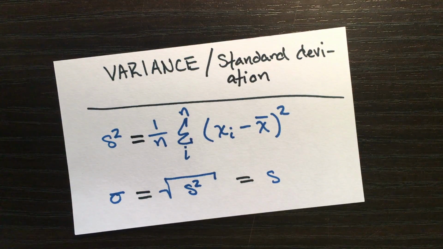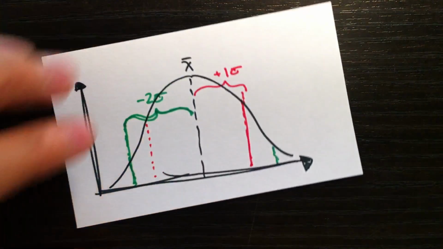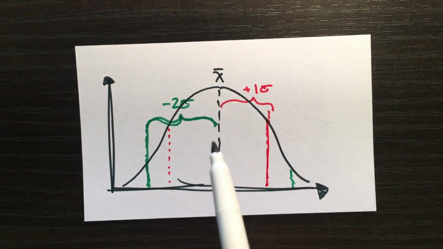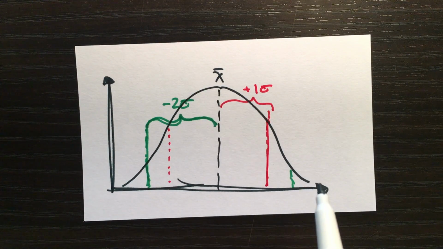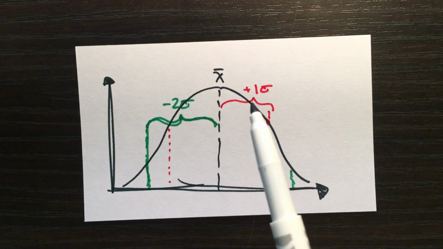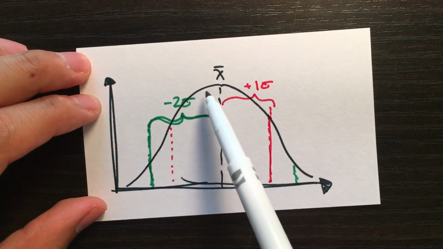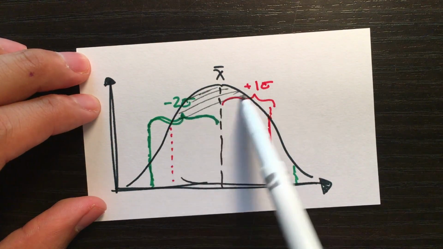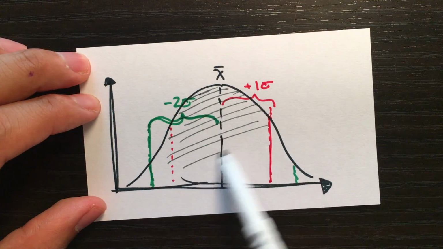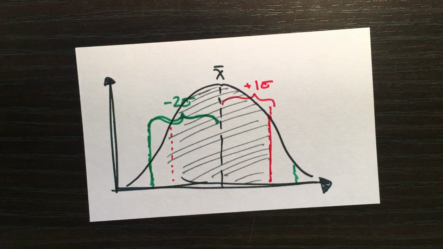And a great way to illustrate what standard deviation is with a short visual. Here's a normal Gaussian distribution. There's your mean, x. So 1 standard deviation, that is 1 sigma, is going to encompass all of this. It's going to be plus or minus 1 standard deviation, and it's going to cover 68% of your data.